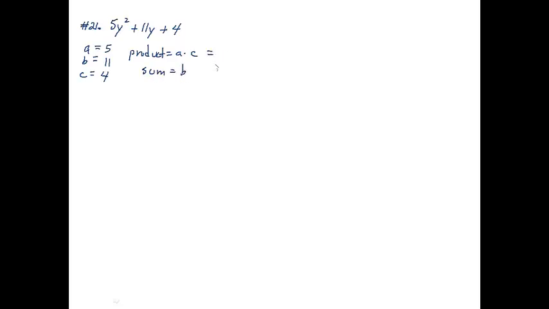So 5 times 4 is 20, and the sum is 11. So then you get to write out the factors of 20, and we have 1, 20, 2, 10, what else? 4, 5. And then, of course, the negatives. But since the sum is positive, again, I'm not concerned with the negatives.